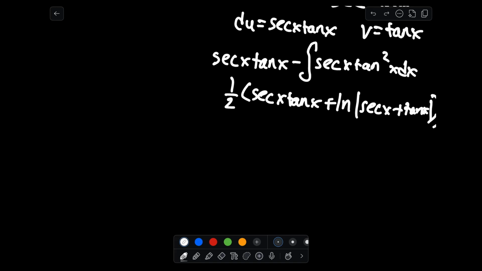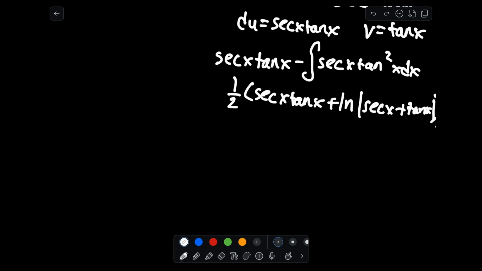You have to use some trig manipulation from either pre-calc or algebra 2, or whenever you learn trig identities, to manipulate this out, and it's really weird.